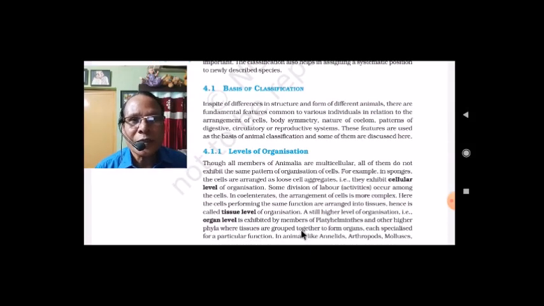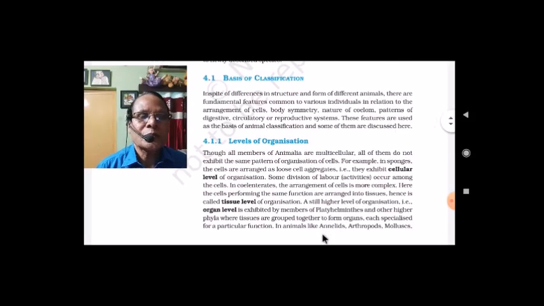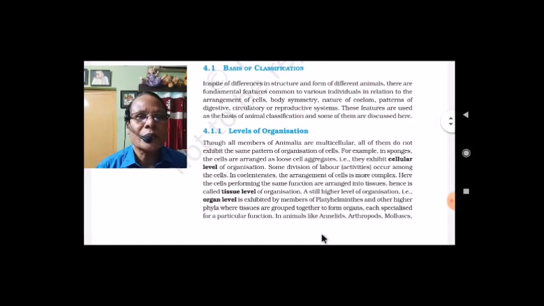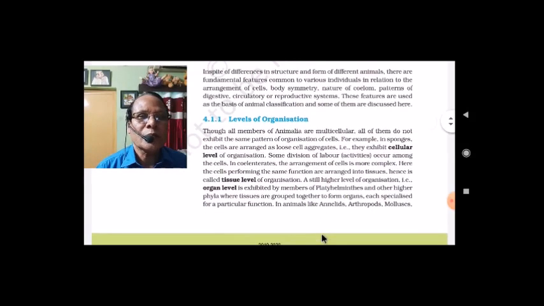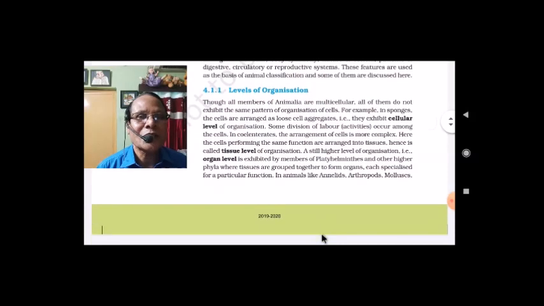A still higher level is seen in annelids, arthropods, mollusks, echinoderms, along with the non-chordate hemichordates and chordates. Here the organs are organized to form the organ system level of organization.